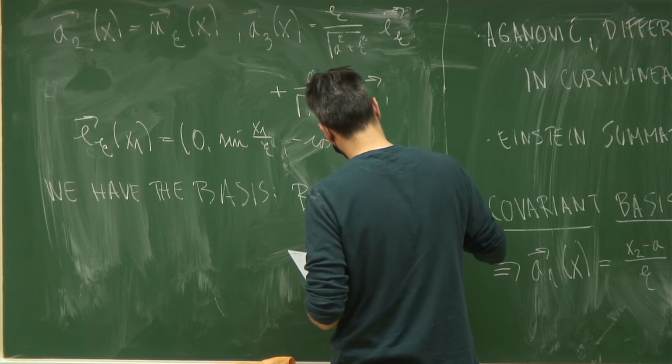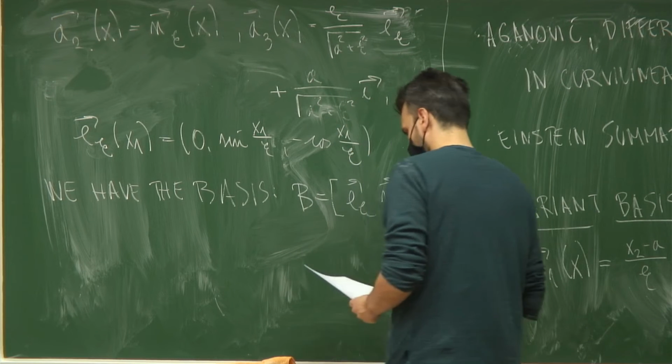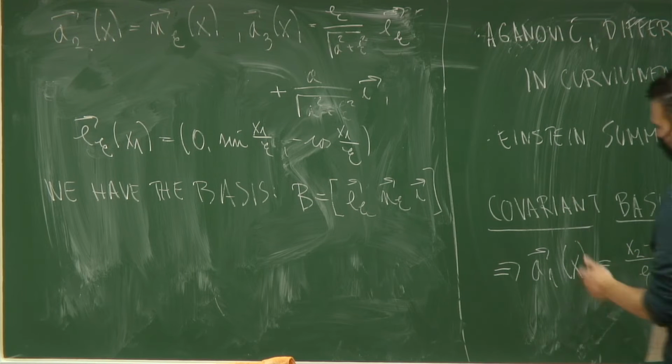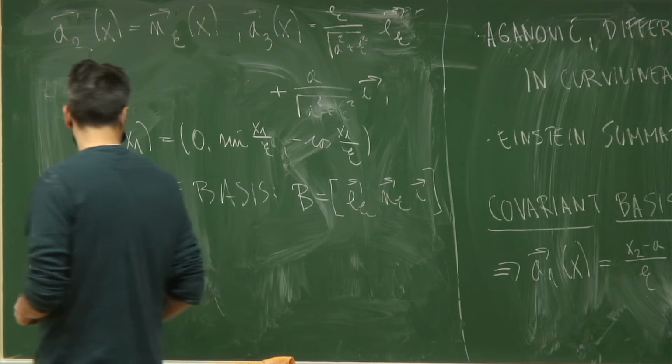Okay, so this is the first element you need in order to write your operators: the covariant basis, and the contravariant basis, which you can assume.